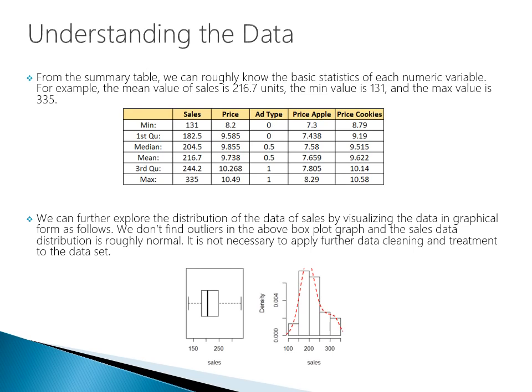This is where our extensive EDA techniques will come into play, but just doing a very simple view of the data, we don't find any outliers in the box plot graph, and the sales distribution is roughly normal. I don't think it's necessary to apply any further data cleaning and treatment to the data set before we begin building models.